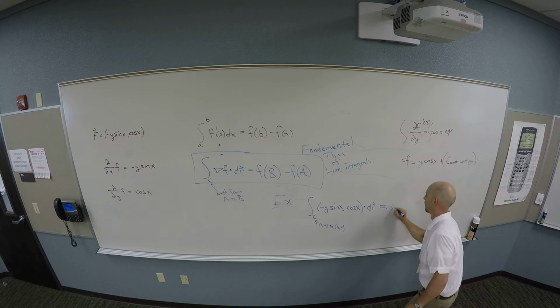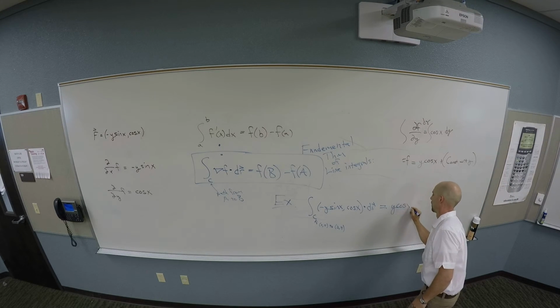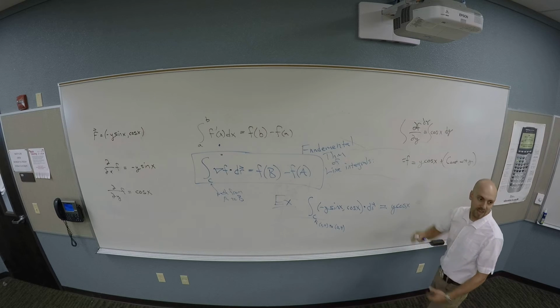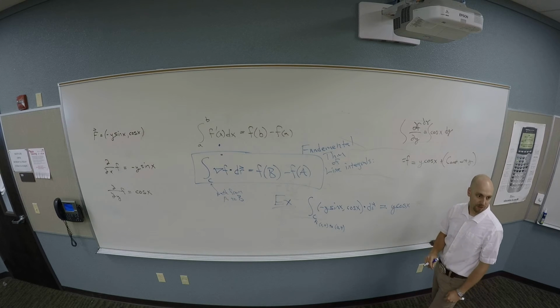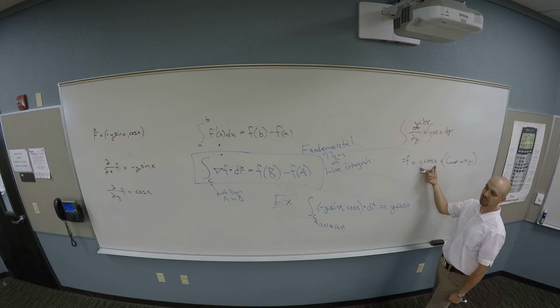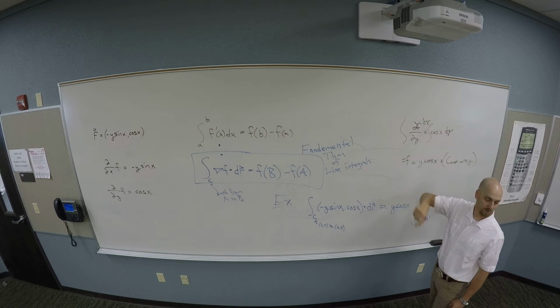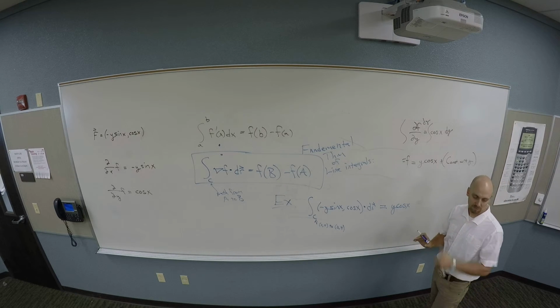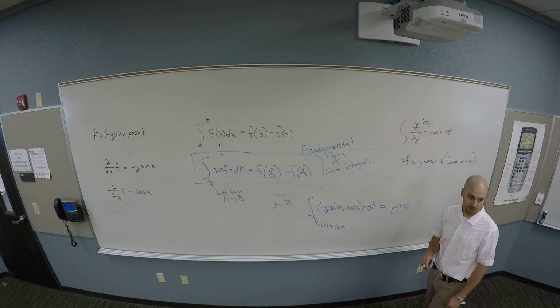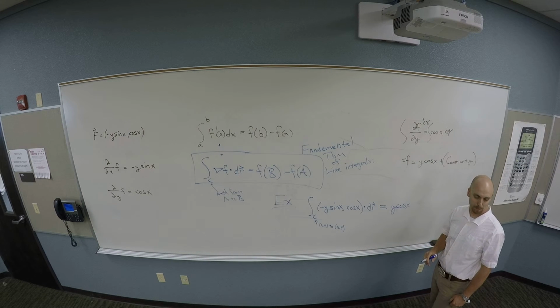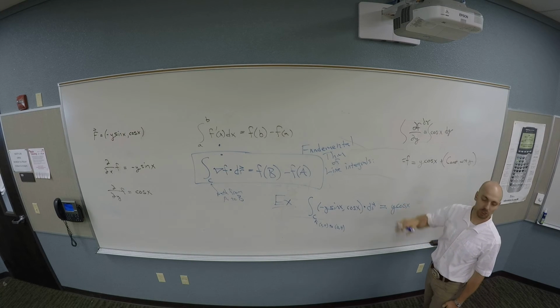Would you find the antiderivative of the partial for each one? Yeah, and then try to get them to work together. In this case it was pretty easy because this one worked. You might have two that you need to finagle, but it's got to be one function that both pieces work for.